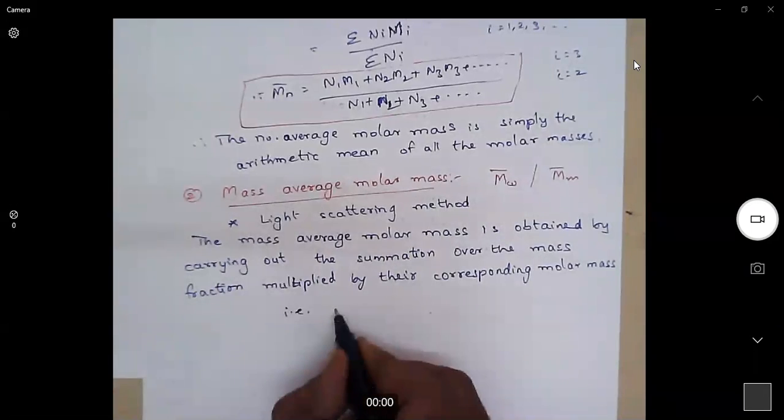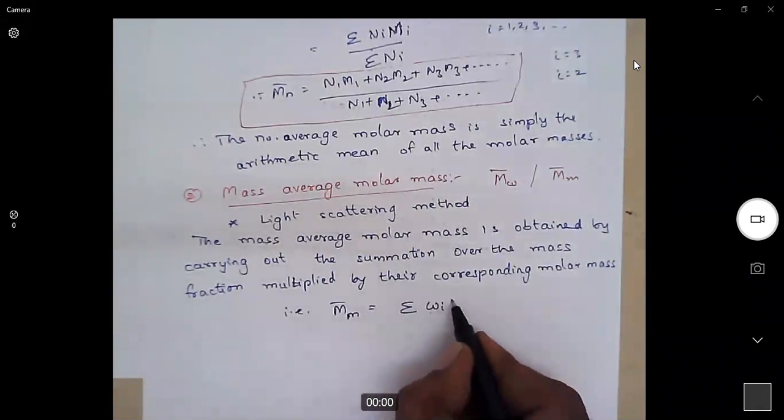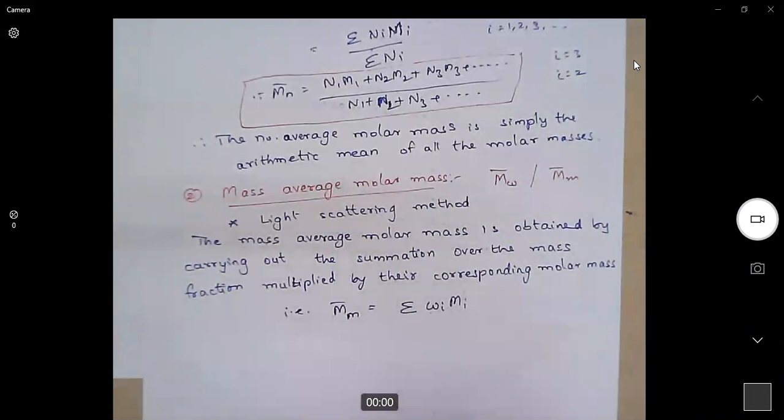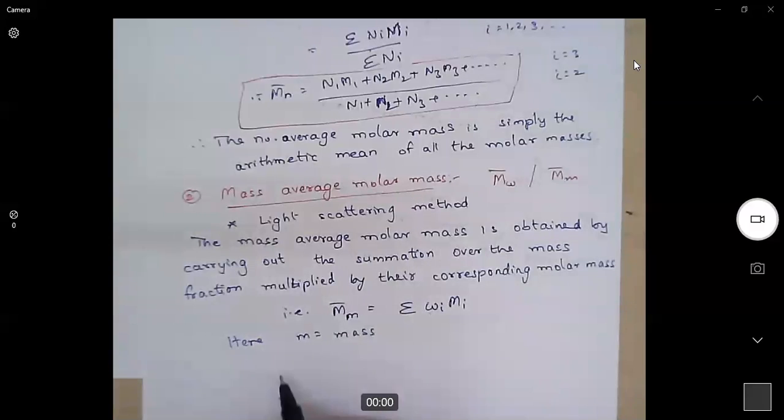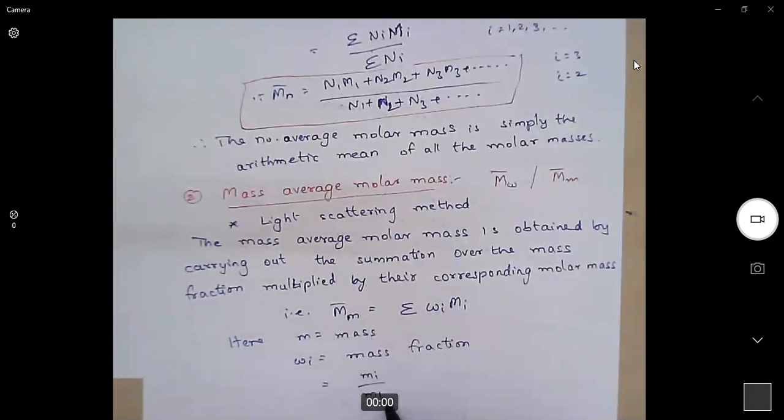That is M bar m or M bar w is equal to sigma wi Mi. Wi, or we can also use a small m, small w or small m. Here small m is mass, wi is mass fraction. Mass fraction is given by mi by m total.